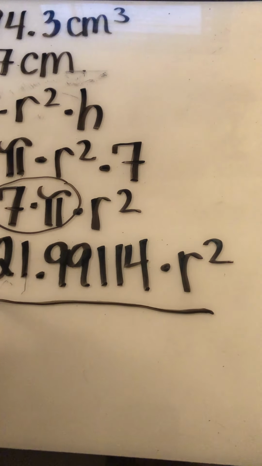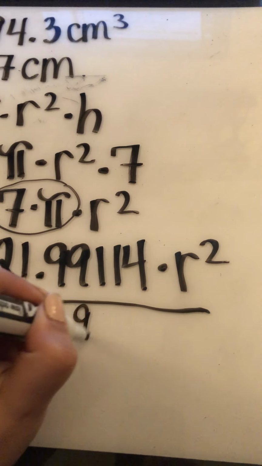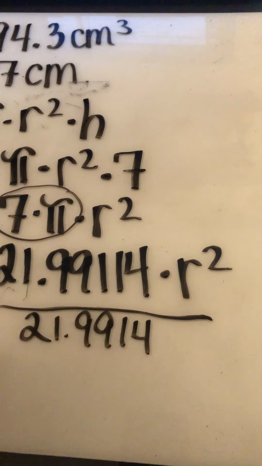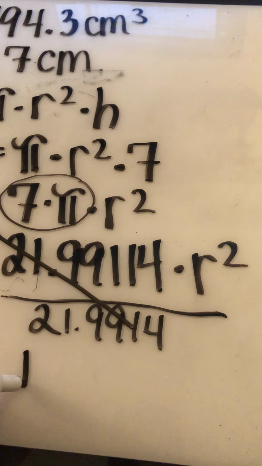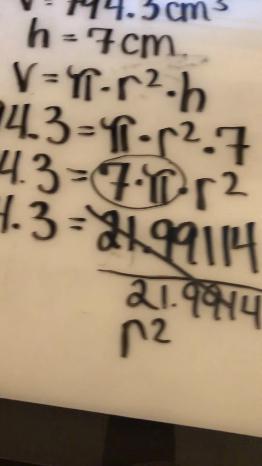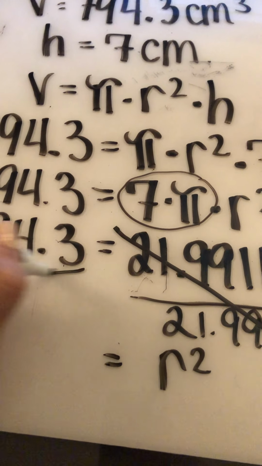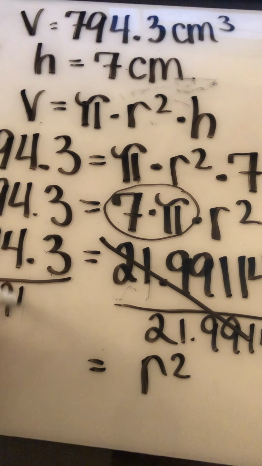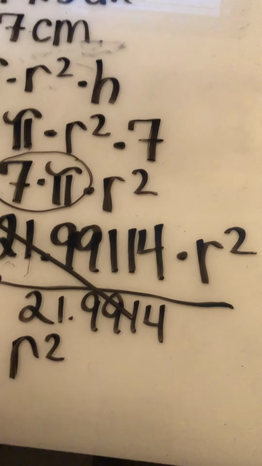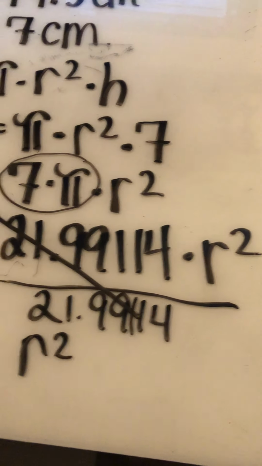Okay, so now we're going to divide on both sides. So this will cancel out, obviously, because anything over itself cancels. I'll be left with r squared, okay, equals, I'm going to divide by this number over here as well. Oh, I'm sorry, guys. I just noticed over here I left off a 1, but you get it.